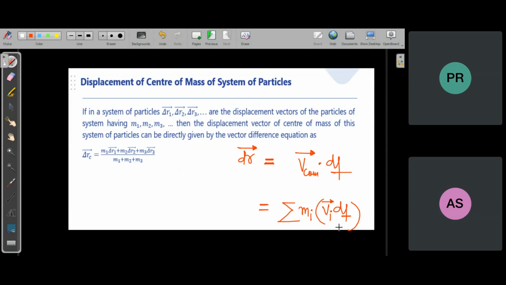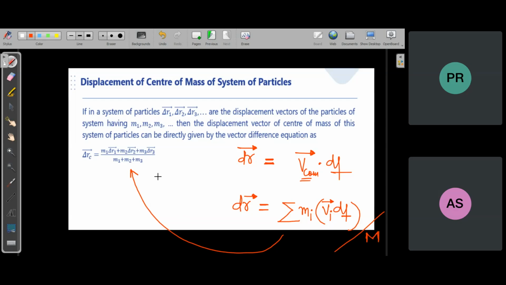So v1 dt is the displacement of the first particle, v2 dt is for the second particle, v3 dt is for the third particle. So ultimately displacement dr, or maybe delta r, will be given by this. And we forgot one more thing here, because in the formula of vcom it is this divided by the total mass. So divided by total mass.